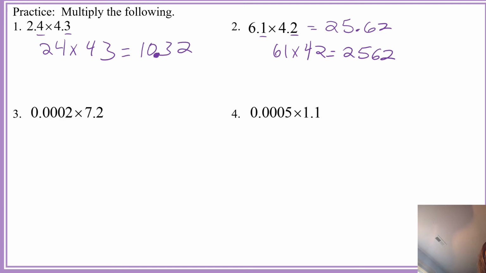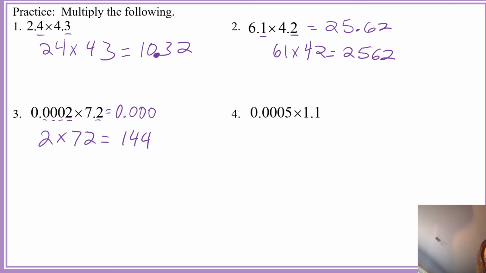25.62. For number 3, we have 2 times 72, which was 144. But we have 1, 2, 3, 4, 5 decimal places. So my answer is going to be 0.123.